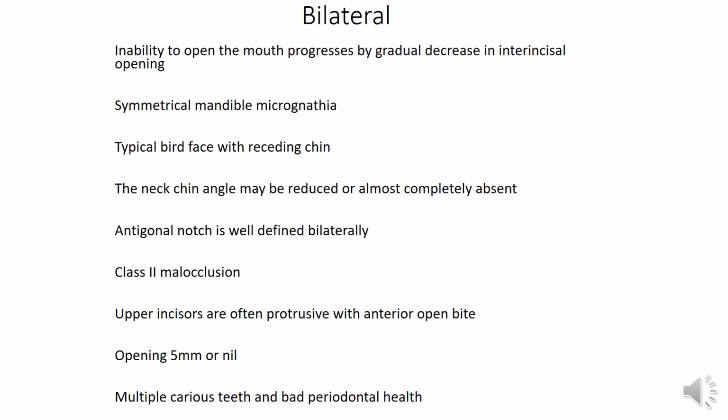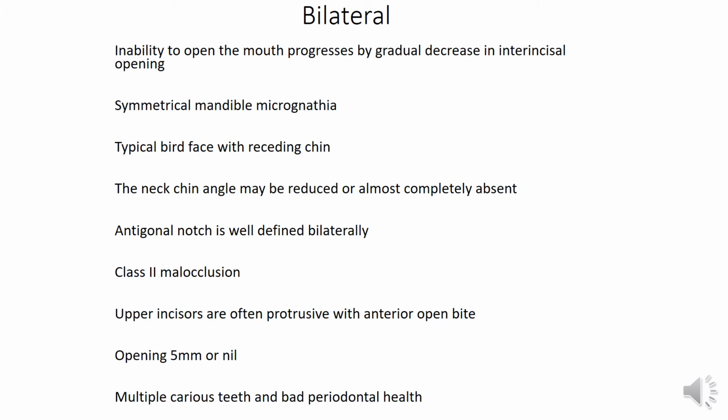The clinical features of bilateral ankylosis are inability to open the mouth, progresses by gradual decrease in interincisal opening, symmetrical mandibular micrognathia, typical bird face with receded chin. The neck chin angle may be reduced or almost completely absent. Antegonial notch is well defined bilaterally, which can be appreciated in an orthopantomogram.